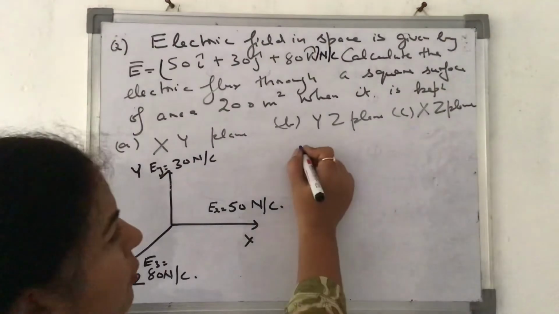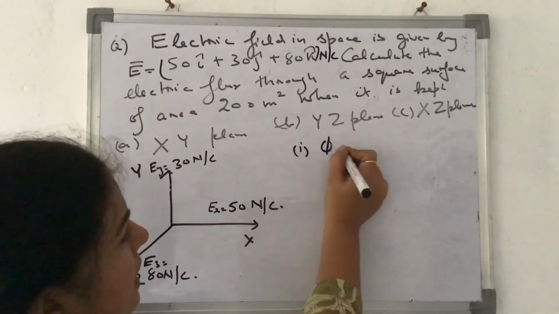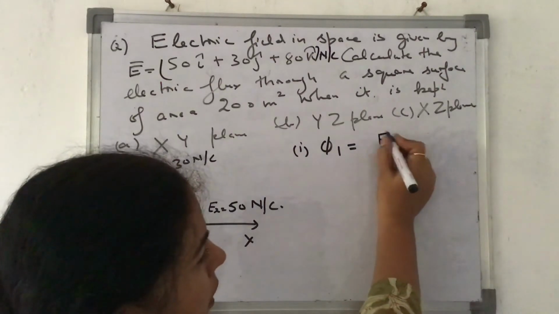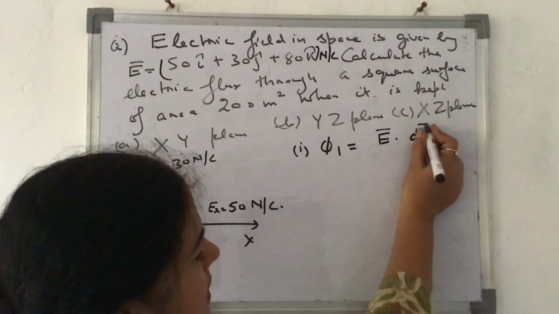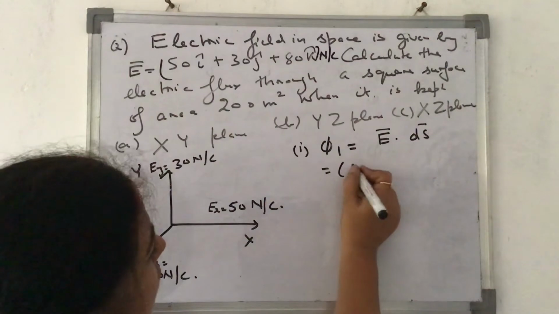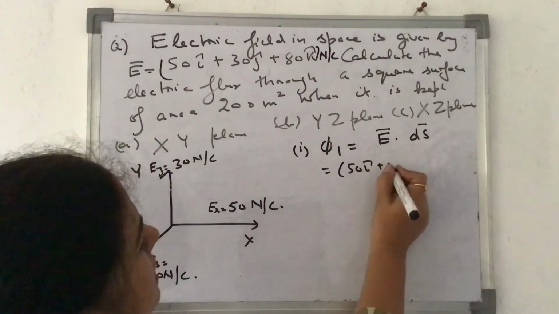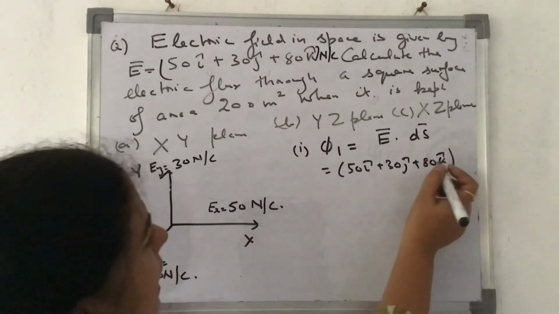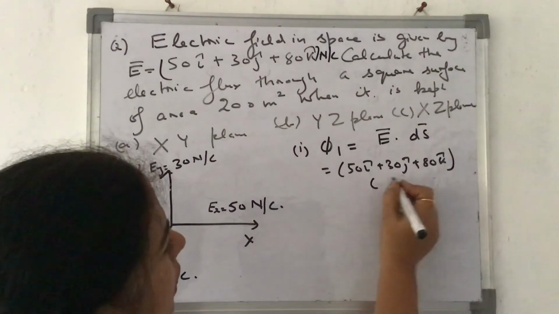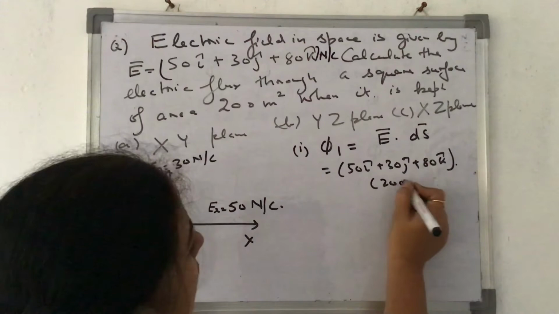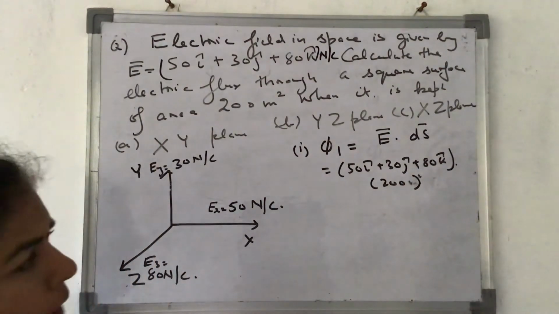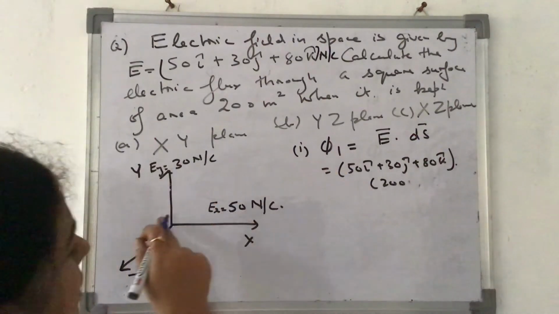First part is for YZ plane, phi1 is equal to E dot ds, and E is 50I plus 30J plus 80K, but ds is now how much? Dot 200 meters square, I'm just writing the magnitude. And which 200? It is in which plane?